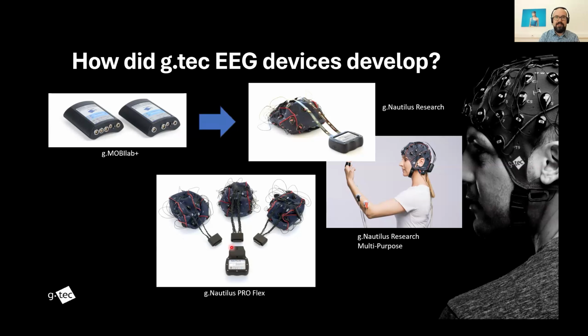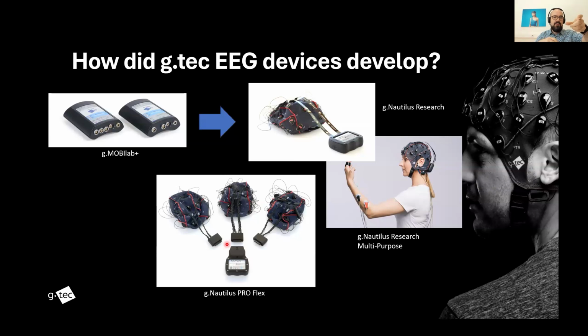And then the last development was the g.Nautilus ProFlex. g.Nautilus ProFlex is very neat. You have a very small amplifier, which adds a connector on the top, and then you can have different caps. This amplifier goes up to 32 channels, and then you can have different caps with different sizes, different kinds of electrodes. The opportunities are endless. If you are planning to record a lot of subjects across the day, you don't need to have an amplifier connected to a cap and wash it and then let it dry.